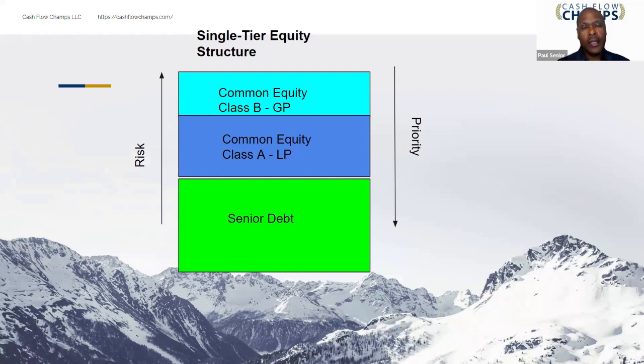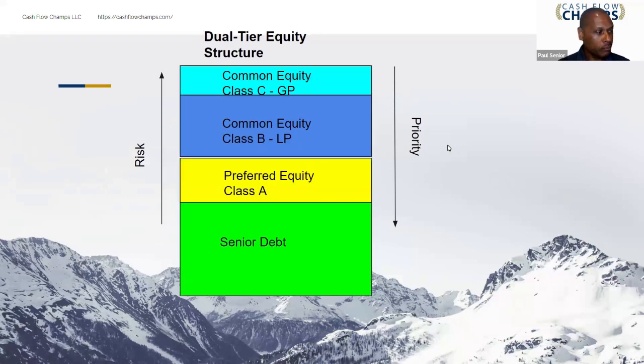So let me make a clarification here so that there's no confusion: there's a difference between preferred equity and preferred return, right? Sometimes it gets a little confusing, so I want to make sure we walk through it with a good understanding. Preferred equity is a financial instrument that provides supplemental financing that is subordinate to the senior loan. We spoke about that before. So the pref equity is a component of the capital stack.